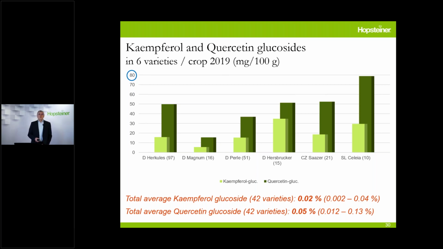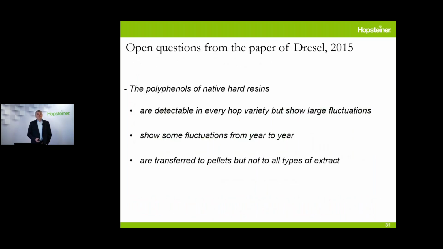The aroma hops here, Hersbrucker, Saazer, Sorachi Ace, are more or less higher than the bitter varieties, so this is not the case for the multivitals, but this is the case more for the kaempferol and quercetin glucosides. The total average kaempferol glucoside value is 0.02%, and for the quercetin glucoside, the total average is 0.05%. So this slide shows you that there is a wide range of these components within varieties and within crop years.